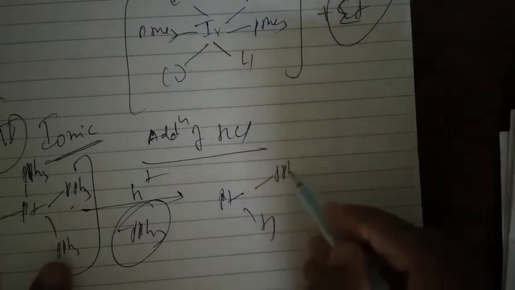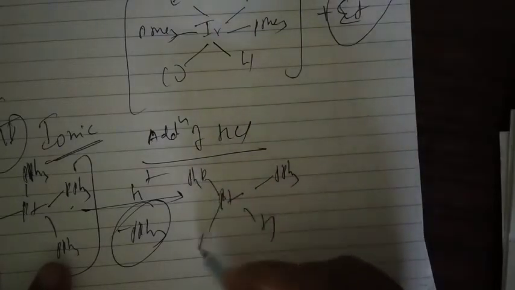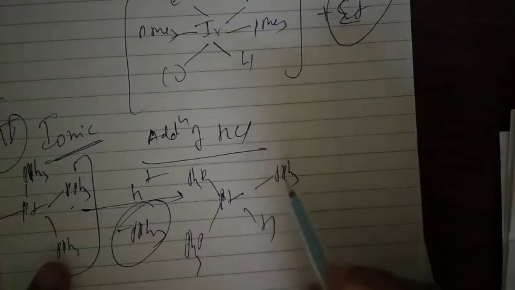Now what will happen is the addition of H+, with one of the PPh3 leaving, so I am going to get [PtH(PPh3)3]+.